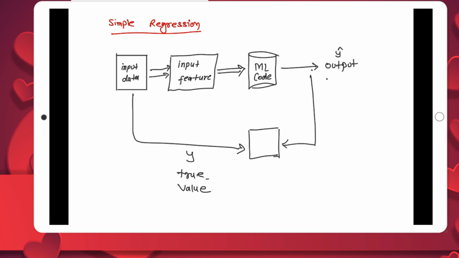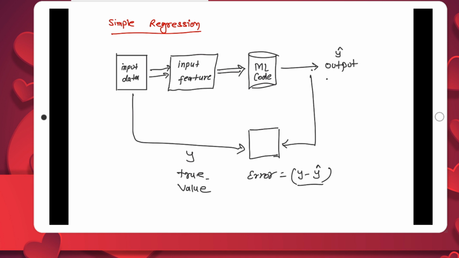All right, so the error comes here. So that error becomes y minus y hat. And then based on this error, what happens?